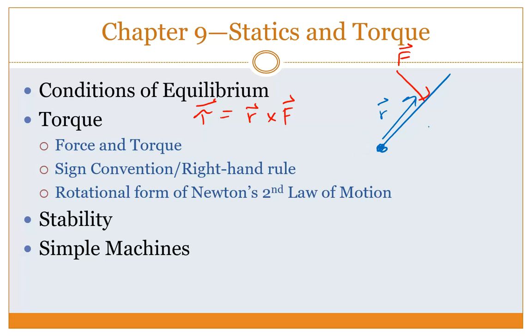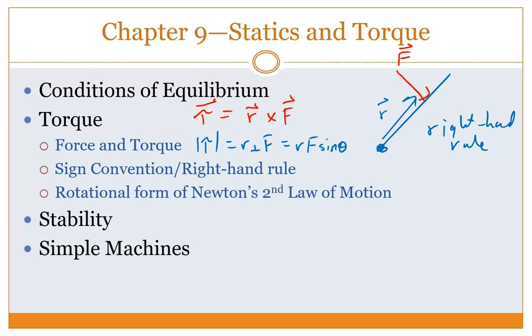So the right-hand rule. And remember, the magnitude of the torque is R perpendicular times F, or R F times sine theta. Now, what is theta in this equation, R F sine theta? Isn't that the angle between the force and the rod, or the force and the radius?